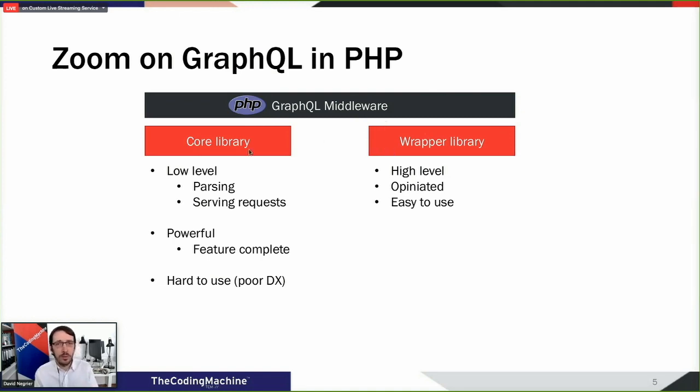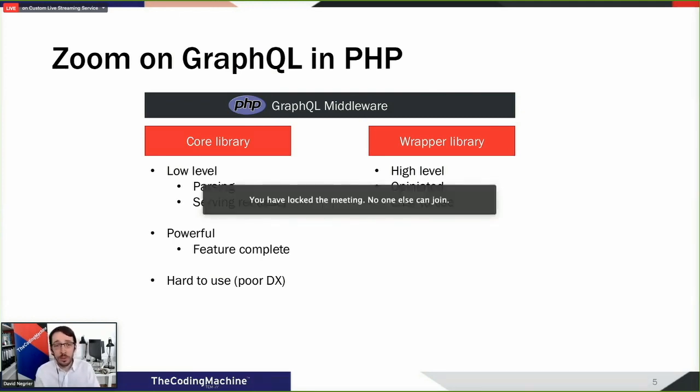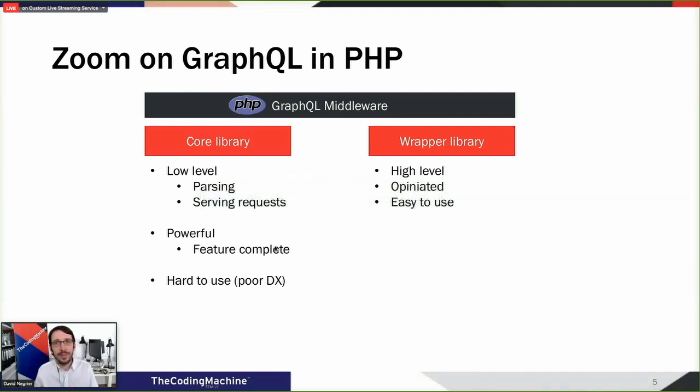And core libraries are actually middlewares that are quite low level. They are used to parse the GraphQL queries, to serve the response in JSON. They are really powerful, but they are kind of hard to use. The developer experience to use such a library is kind of poor.